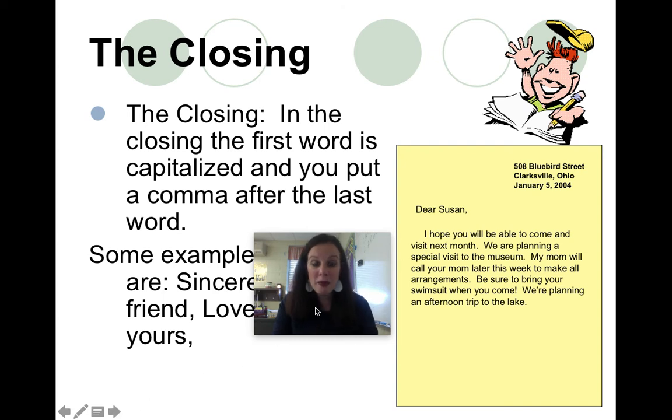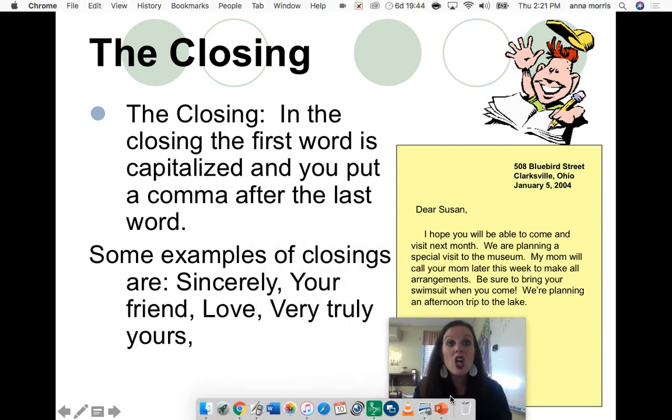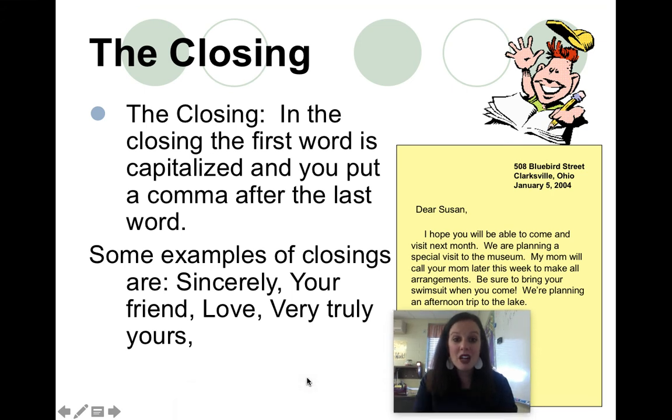Heading, greeting, body, closing. The closing. Let's talk about the closing. In the closing, the first word is capitalized, and you put a comma after the last word. Some examples of your closing might be sincerely, comma, your friend, comma, love, comma, very truly yours, comma.